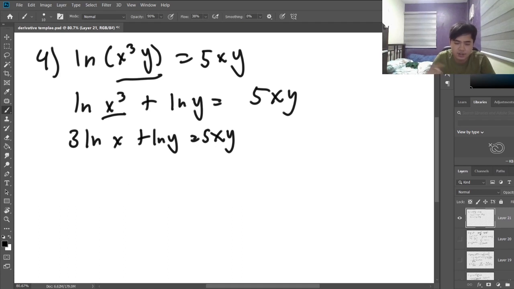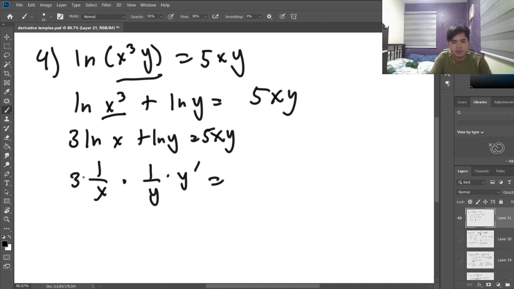So let's find the derivative of both sides. Derivative of ln x is 1 over x, then 3 is a constant multiple, so we just multiply it there. And then multiply it by the derivative of this, which is 1 over y, and then we multiply it by the derivative of y, which is y prime. And then we find the derivative of this. 5 is just a constant multiple.